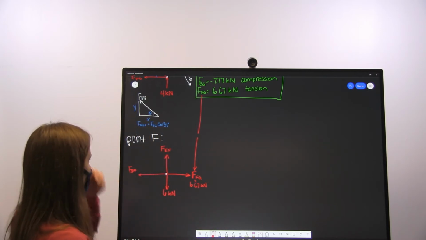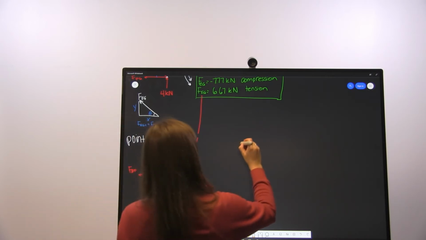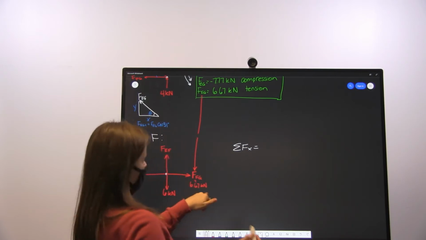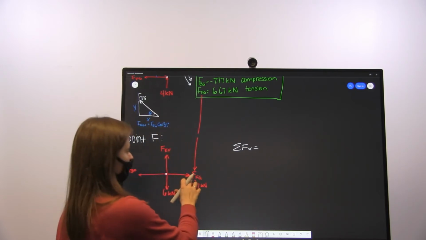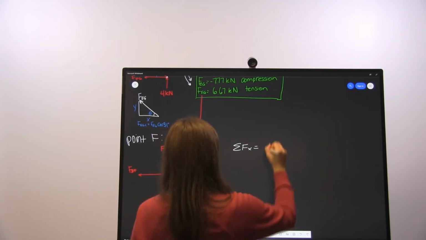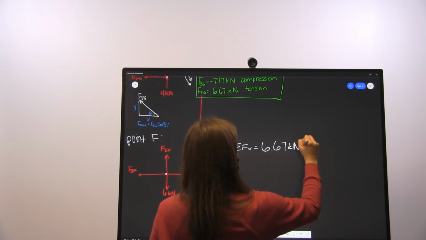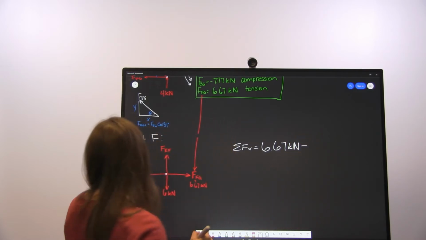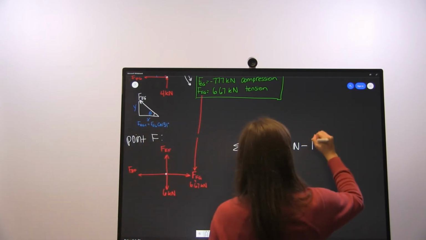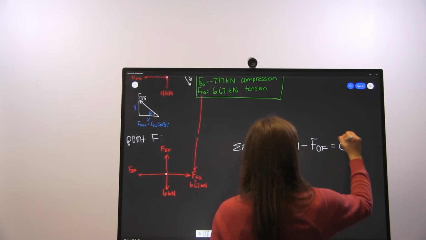So from here, we're going to write up our equilibrium equations. So net force in the x direction is going to be our positive force with the FG member, which is 6.67 kilonewtons, minus our force of member DF, and that's equal to 0.